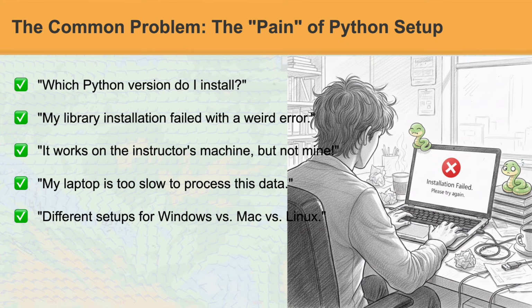These issues are very common because everyone uses different devices like Windows, Mac, or Linux. The result can be different or inconsistent. So this is why cloud-based tools like Google Colab are very helpful.